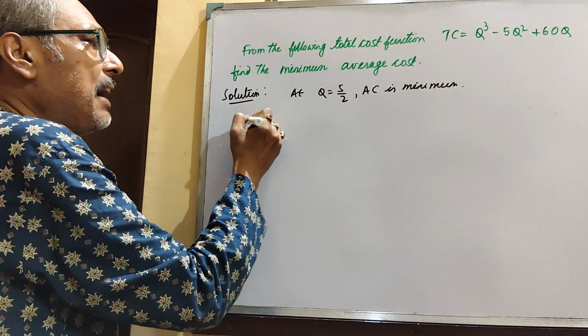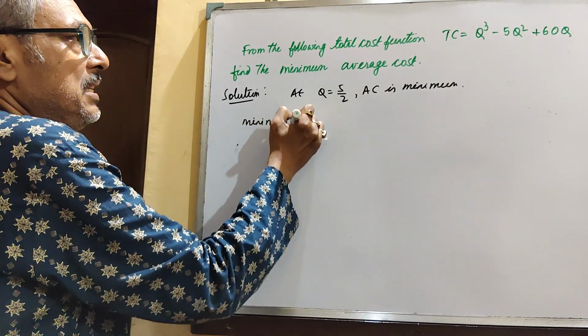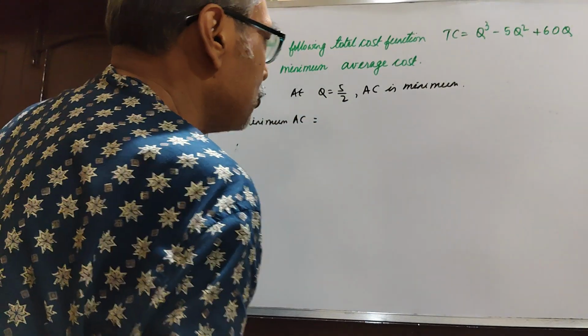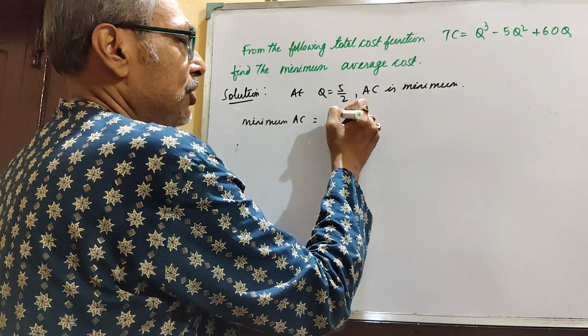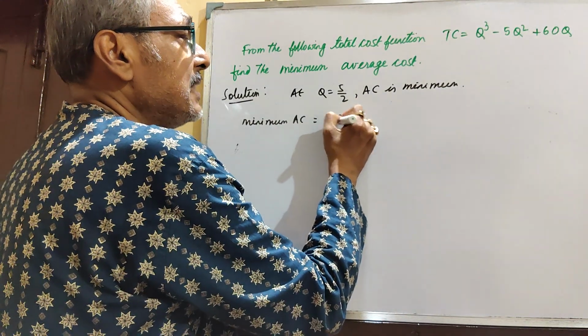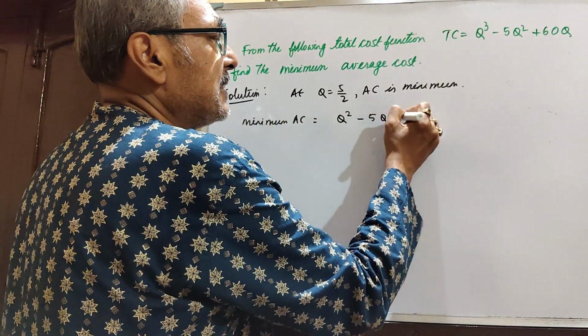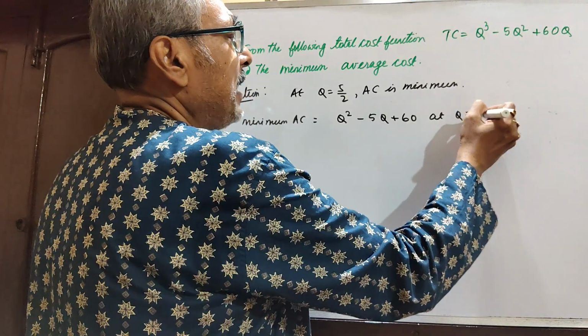Now minimum average cost. Minimum AC: we put the value of Q equals 5/2 in the average cost function. Average cost is Q squared minus 5Q plus 60 at Q equals 5/2.